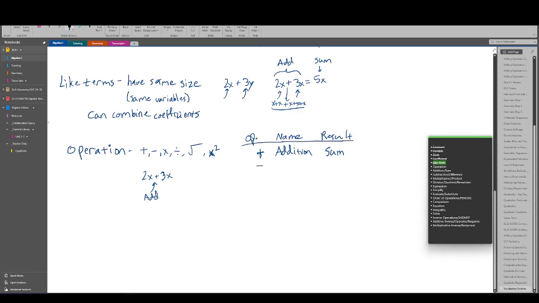Next we have minus. Minus sign is called subtraction. Subtraction is fake, it doesn't really exist, and we call the result a difference. The reason I say subtraction doesn't exist is because it's really just adding a negative number. So when we look at these two, they're basically two sides of the same coin.